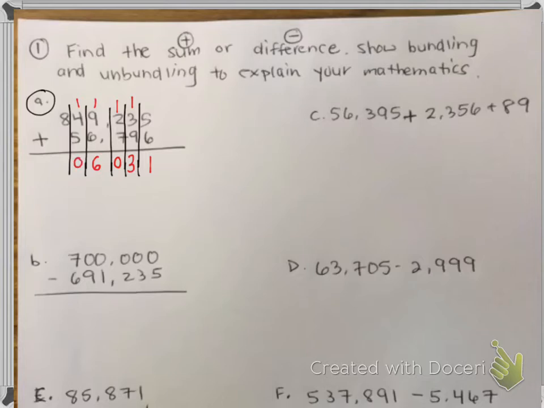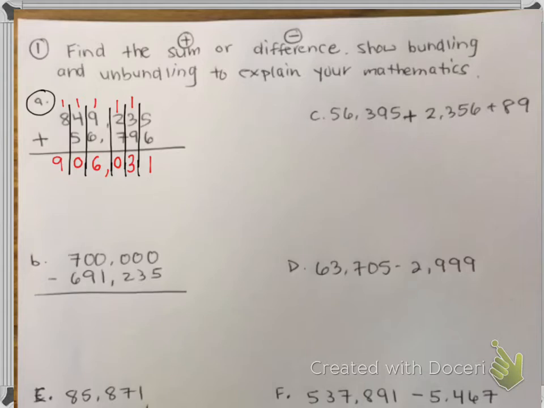So I get 0, and I'm going to bundle one group of 100,000. 100,000 plus 800,000 is 900,000, and comma. So that is bundling with addition. Pretty simple when it comes down to adding each place value and bundling when you need to.